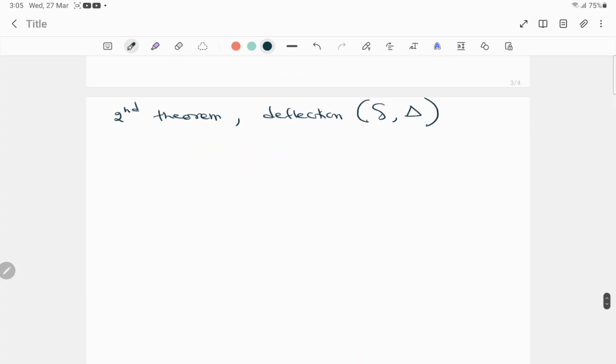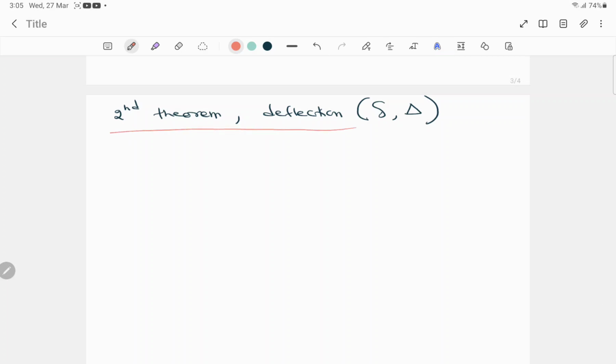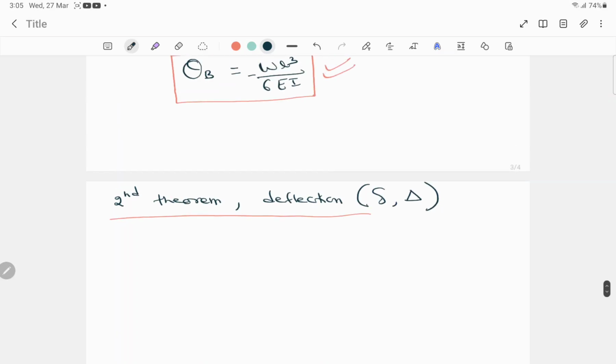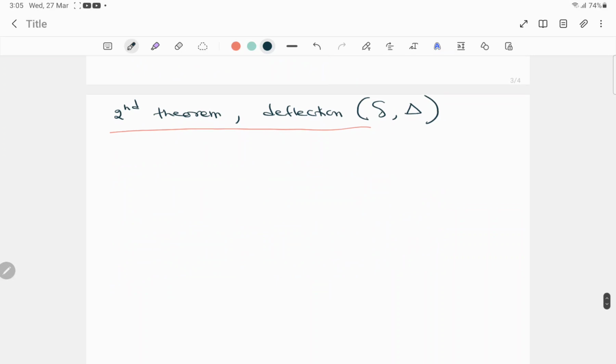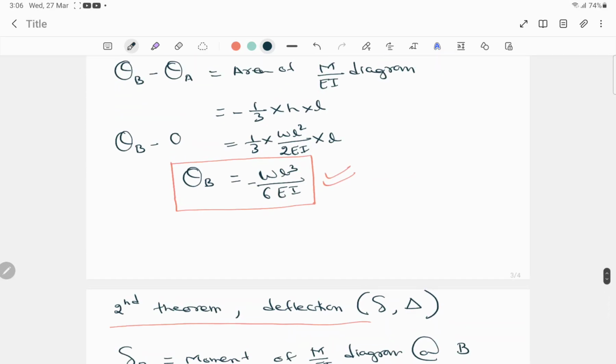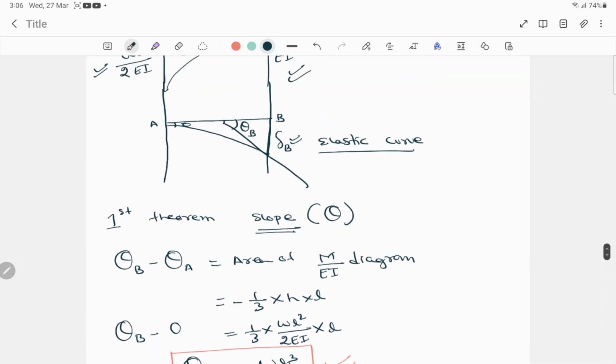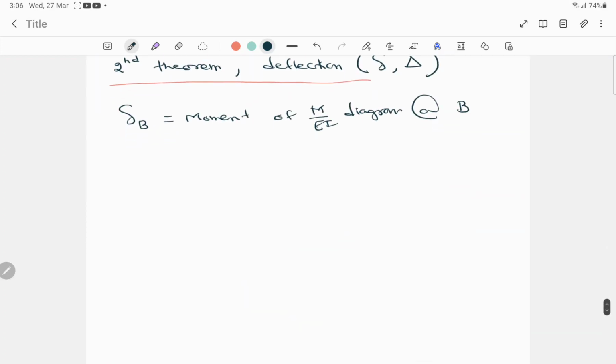So now we'll find the deflection at B. The formula for deflection at B is the moment of the M by EI diagram about B, so it will be taken from the B side.